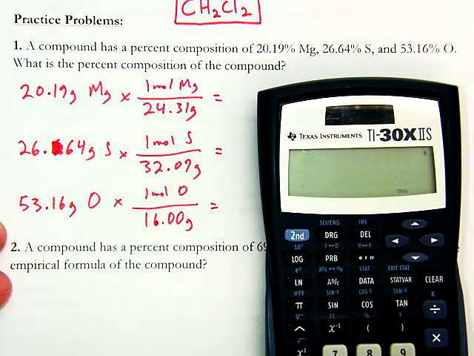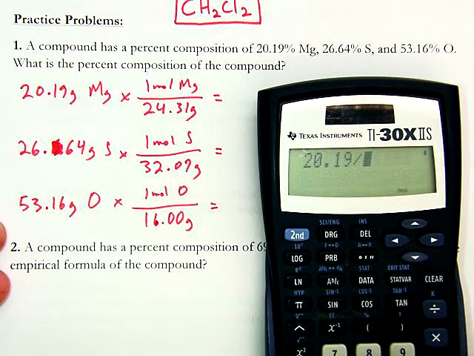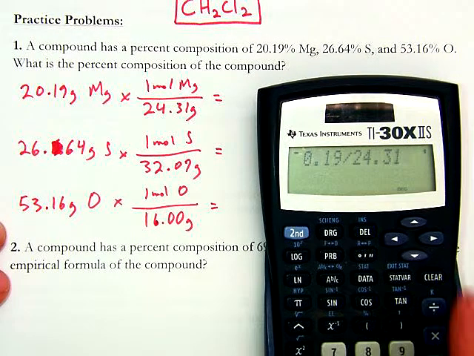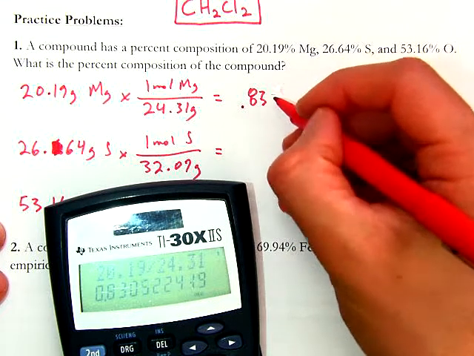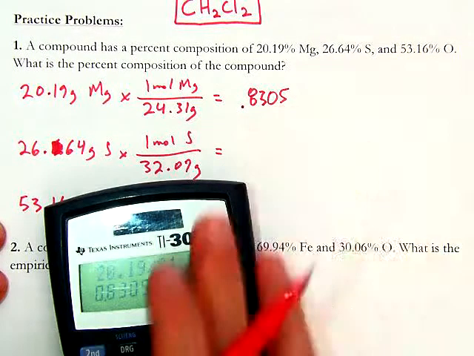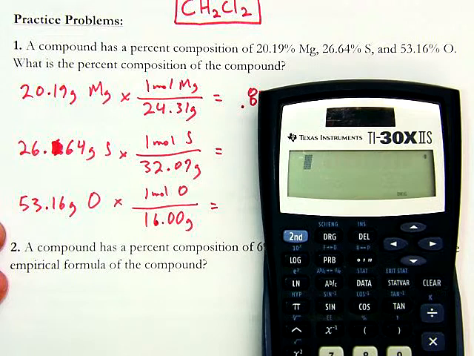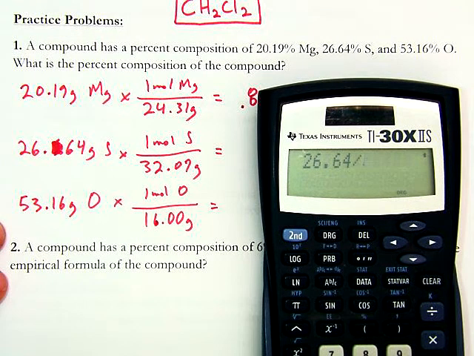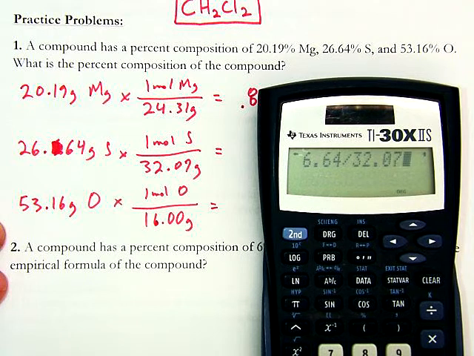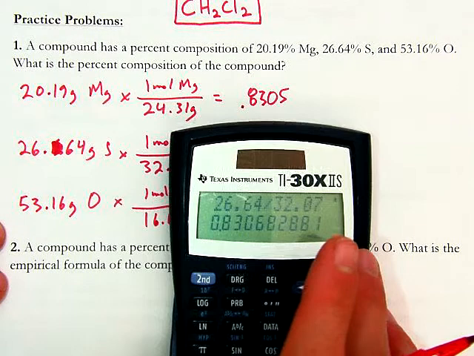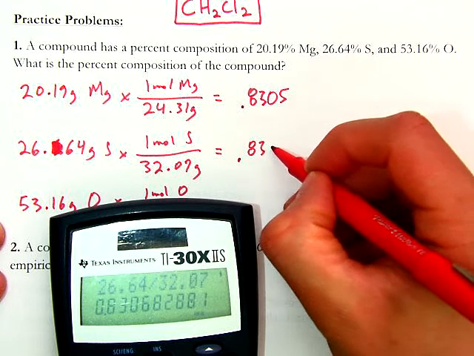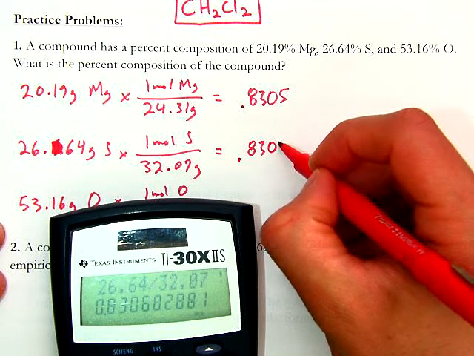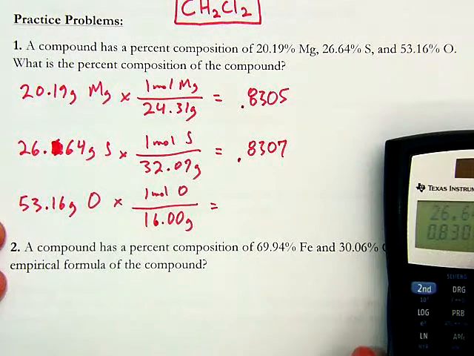Okay, so 20.19 divided by 24.31, I get 0.8305. If I take 26.64 and divide it by 32.07, I get almost, look at that, almost the exact same number, 0.8307, I guess, if we're rounding, pretty much the same number.